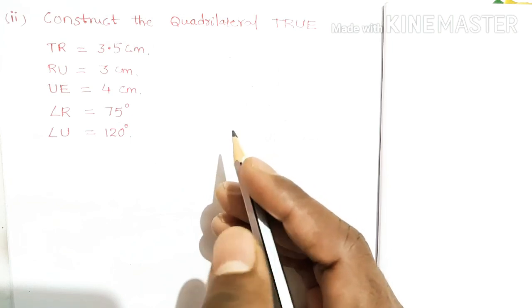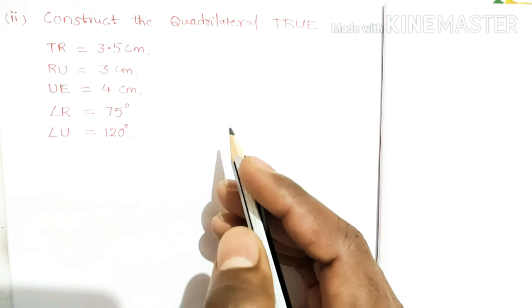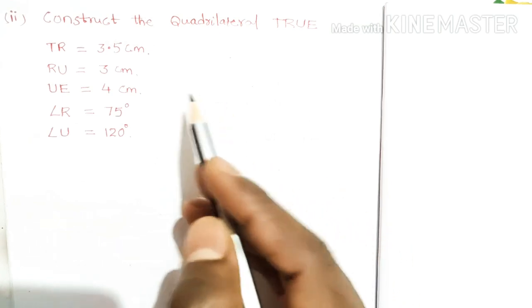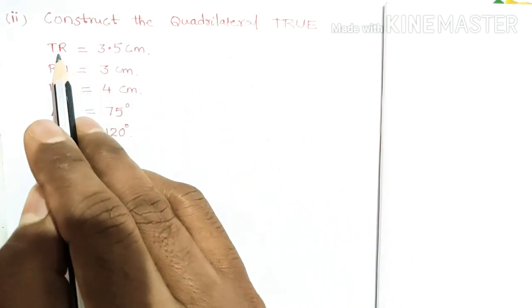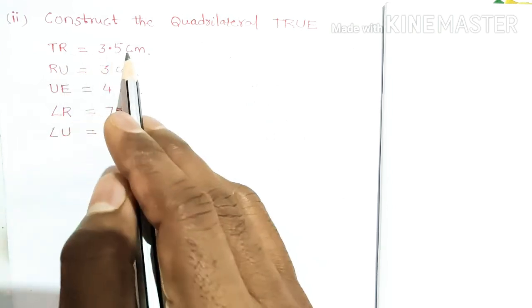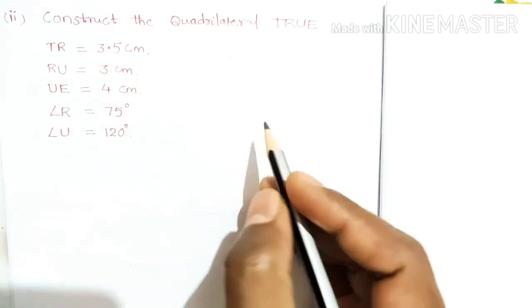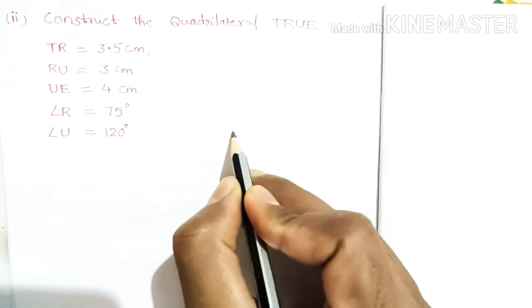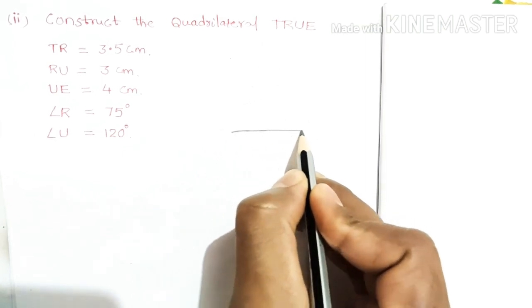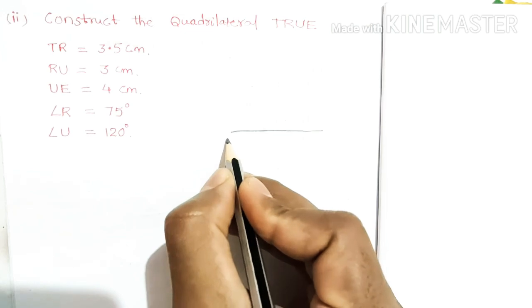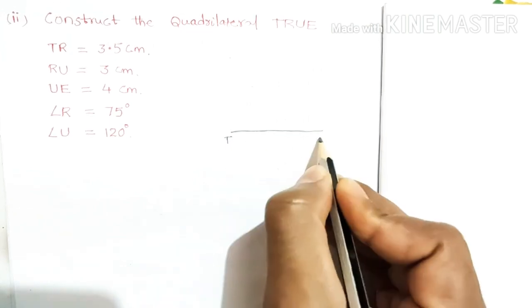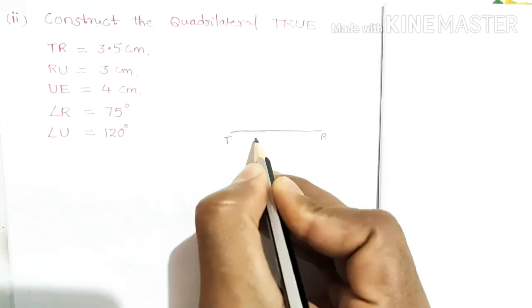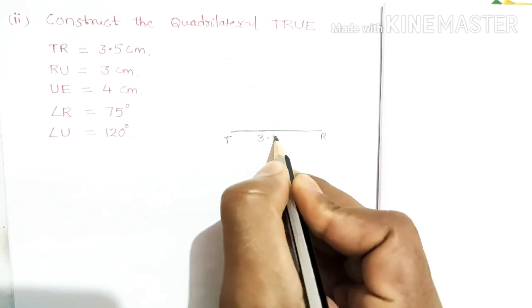First, the baseline. I can select TR as baseline. TR is equal to 3.5 centimeter.